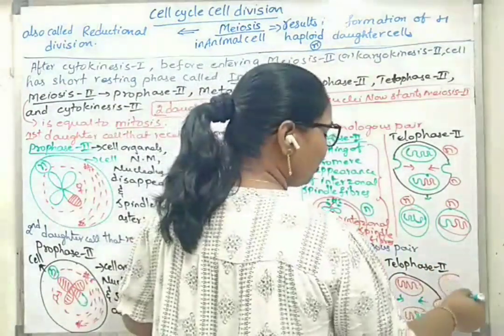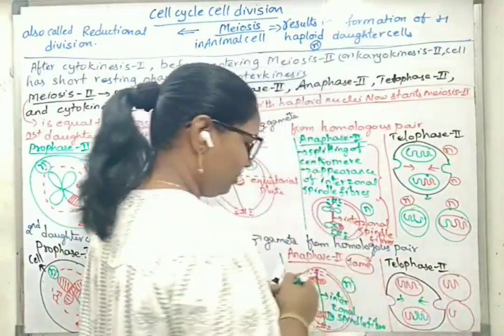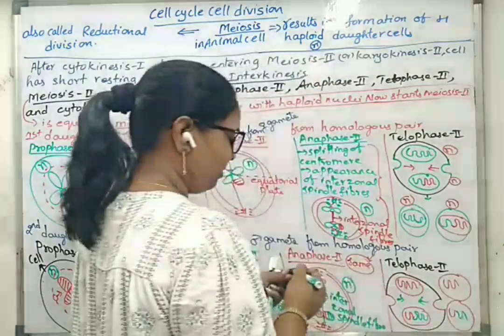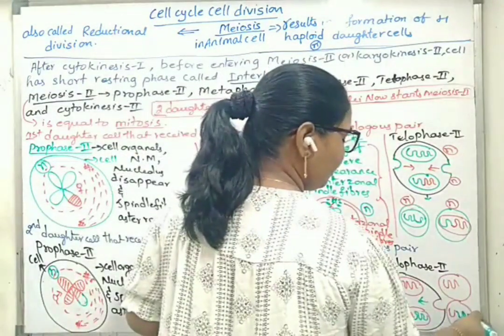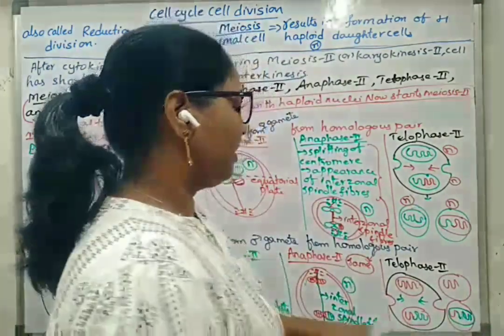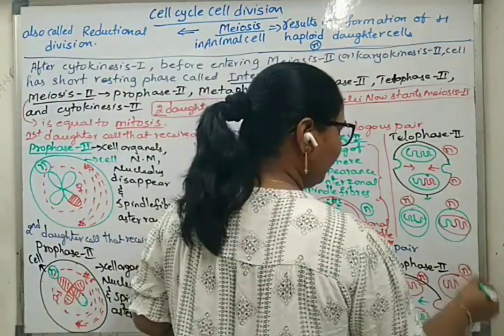It also gives rise to two daughter cells. Inside the nucleus, we will write how many haploid daughter cells have been obtained: n and n.